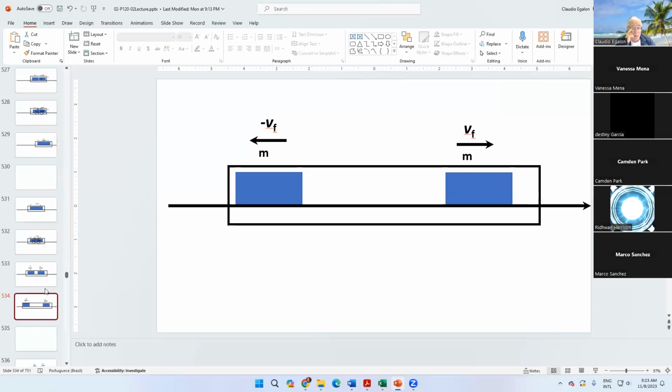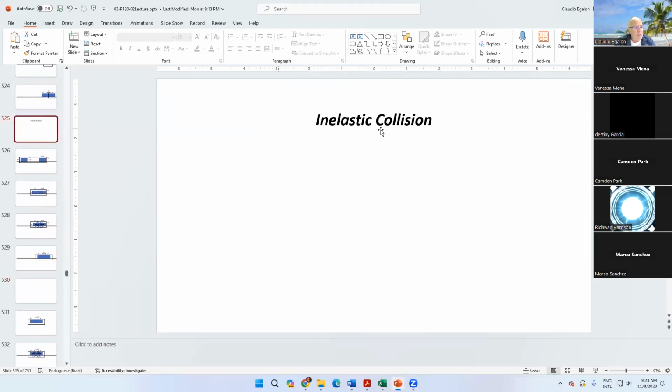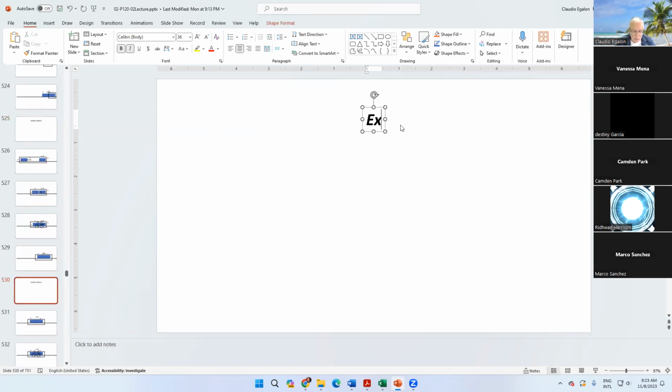Oh, there's another example here that I call explosion. It's not a collision, right? It's a separation, explosion or separation between objects.